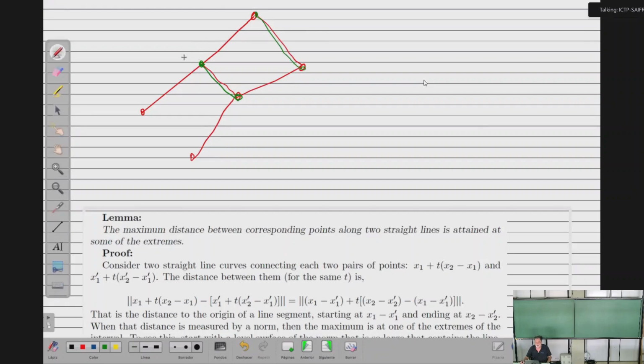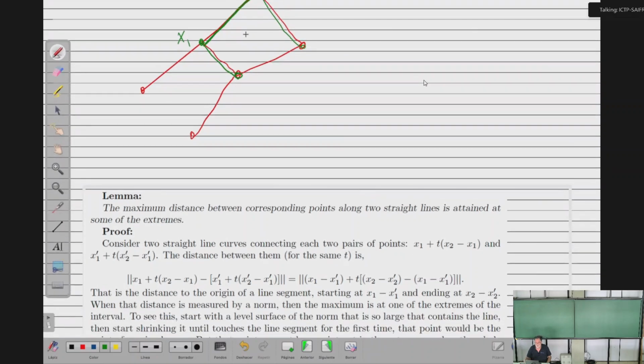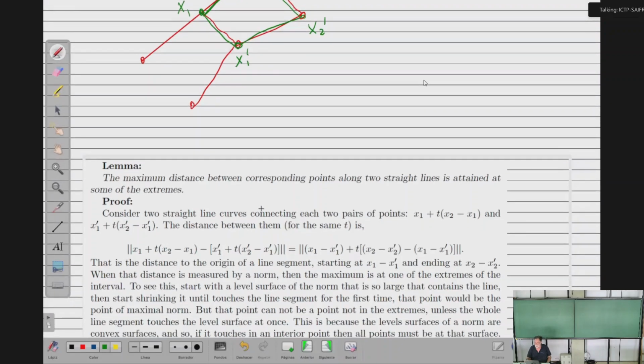So we consider these two lines, the one, say this point is x1, this point is x2. Consider this line, and this one you call x1 prime, x2 prime, and consider these two lines. These are the lines which are here.